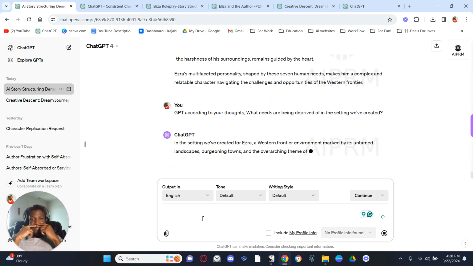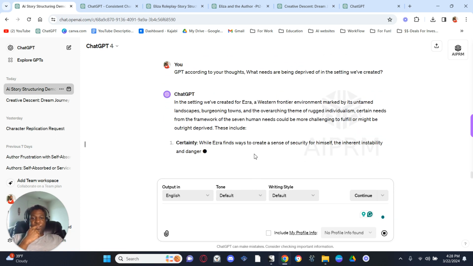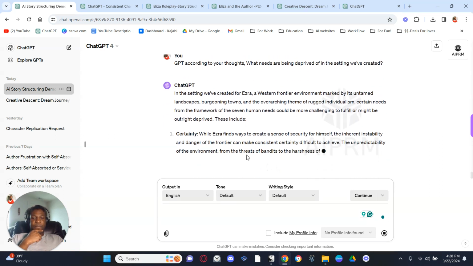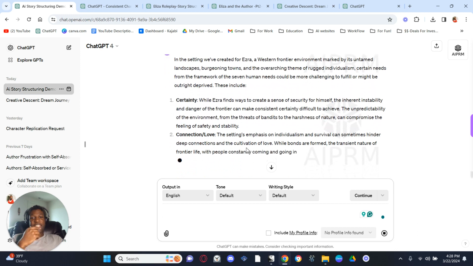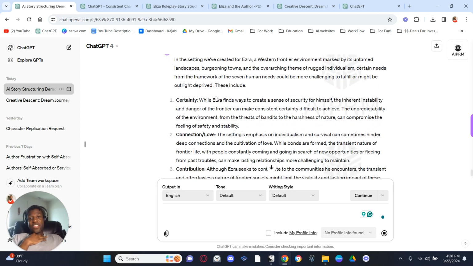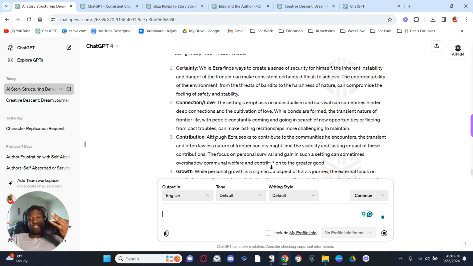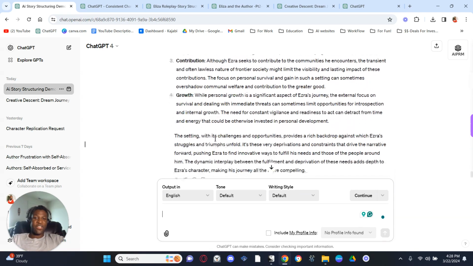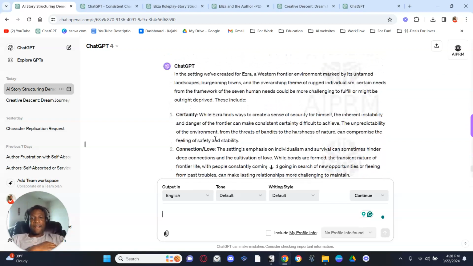That's the question. So in this Western setting, it's now saying in terms of hierarchy, certainty, connection, and contribution. Those are the three premise builders of our story. I don't even care about the rest.